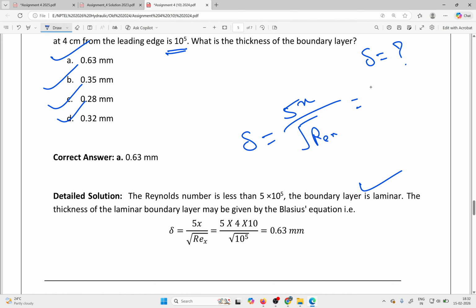Here you can put 5 into 4, and because your answer is in mm, 4 centimeter multiplied by 10 gives 40 mm, divided by root of Re, 10 to the power 5. So finally after calculation you will get 0.63 mm. So this is correct.